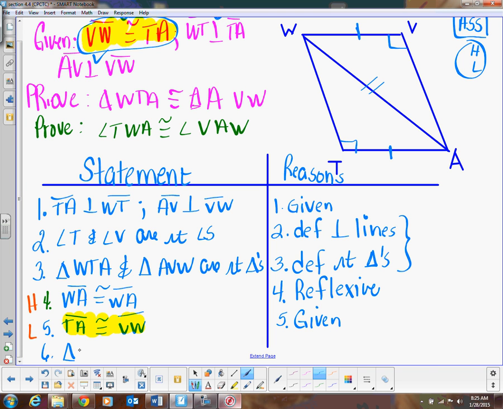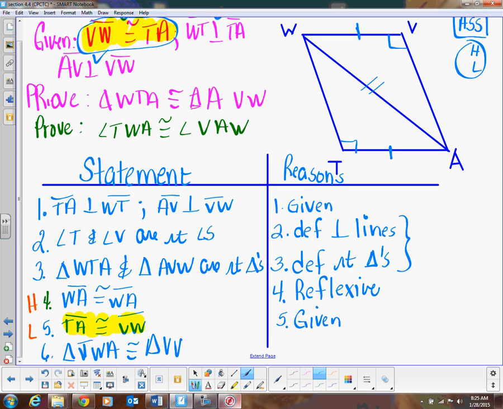Triangle. Okay, so if we did TWA, we went T, no mark, double mark. So we have to do V, no mark, double mark. So that means it's going to be what?